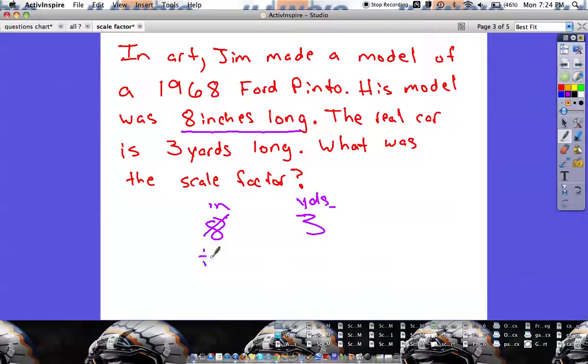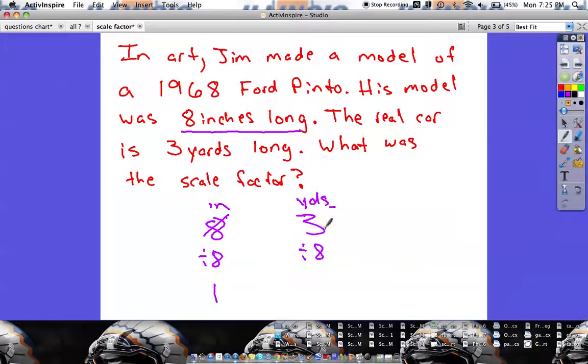So I'll divide by 8 because we're trying to get down to the scale factor. The scale factor would be making this 1. So 1 inch equals how many yards in real life. If I divide this by 8, obviously that's not going to come out nice and evenly. So what we could do is make this into feet. Might be a good thing.